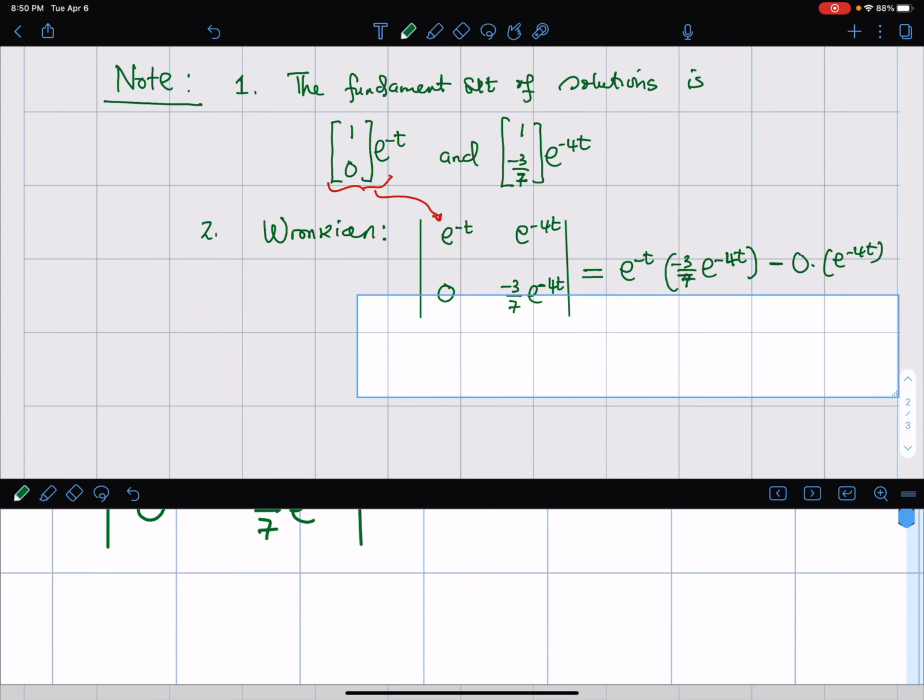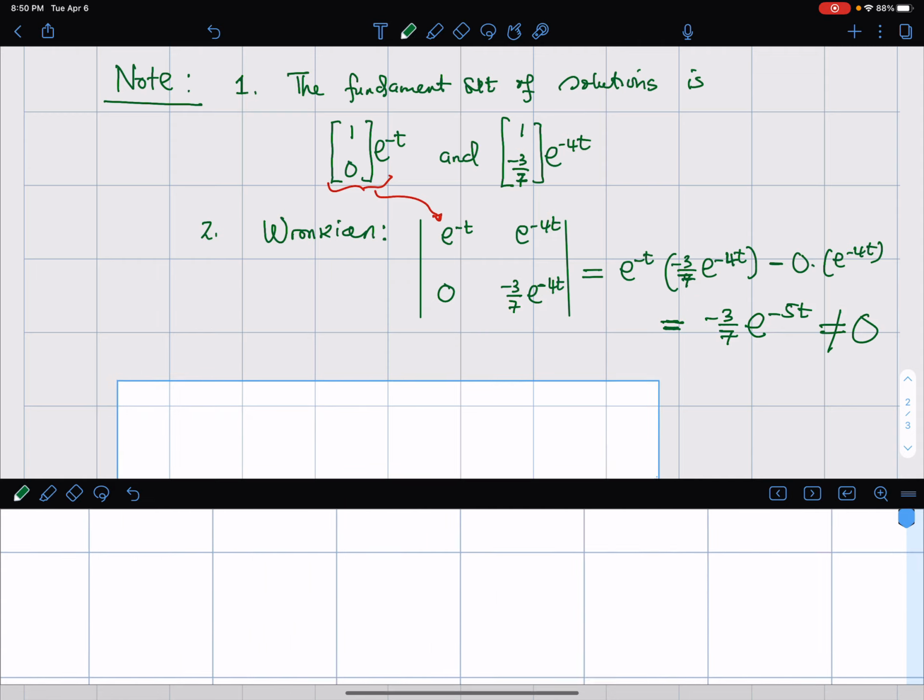So this is just going to give you negative 3 over 7 e to the negative 5t, which is not equal to 0.